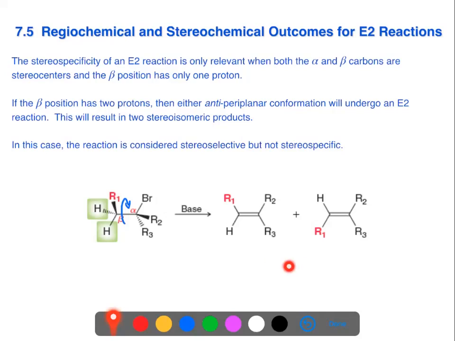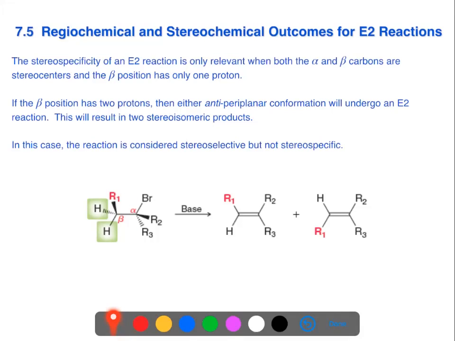So again, the stereoselectivity will depend on the nature of the R groups, but this is not considered a stereospecific reaction because that would imply, depending on the configuration or stereoisomeric properties of this compound, it will give a single stereoisomer as a product, and that's not the case for this example.